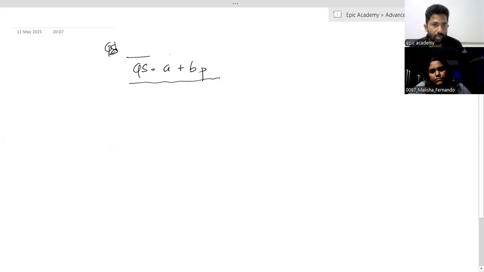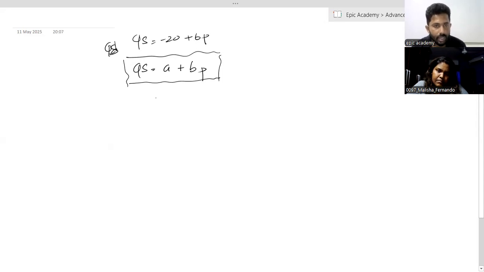In QS equal A plus BP, this is the QS equation. But we have already been given that one: QS equal minus 20 plus 6P. In here, A represents, when the price of the certain commodity becomes 0, what is the amount of the supply?